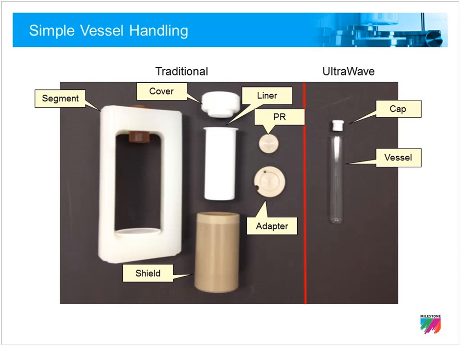From an ease of use standpoint, here's just to give you an idea of what a traditional microwave vessel looks like. You have a shield and a Teflon liner, a venting mechanism of some kind, and all of these components get fitted inside of a rotor. With the UltraWave, all you have is a simple vial and a loose fitting cap that fits on top.